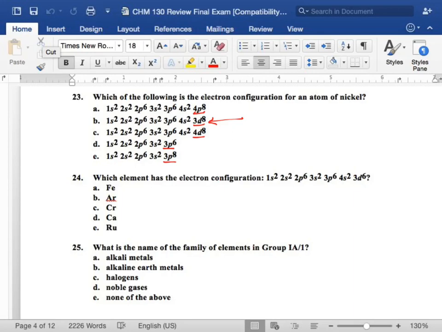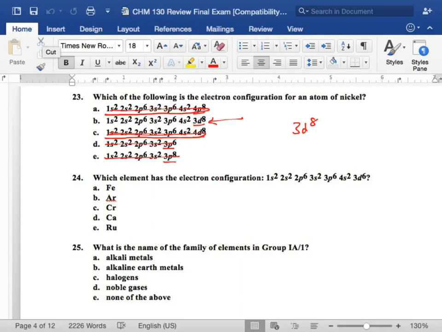What I could do is take a second glance through and make sure 3d8 didn't show up somewhere else. In that first one, no. The third one, nope. Yeah, they didn't make this question very hard at all, did they? No. Okay. That's where I would start.